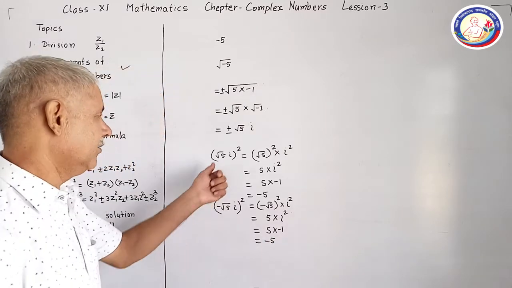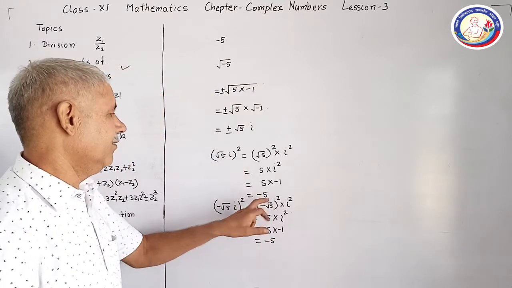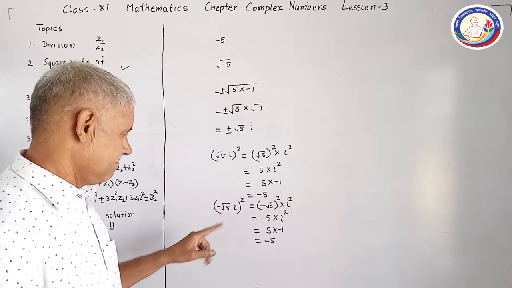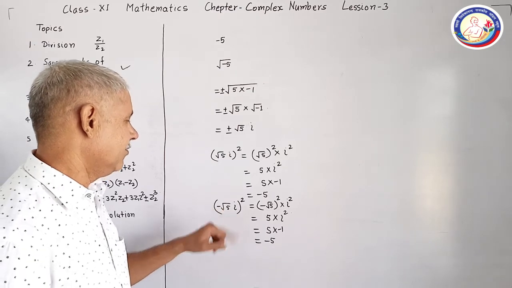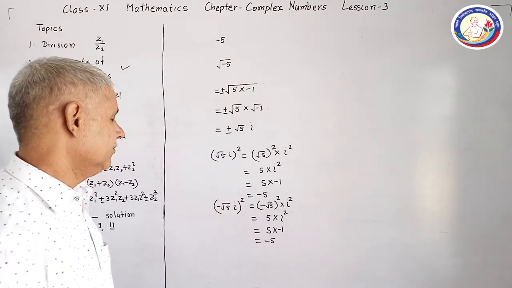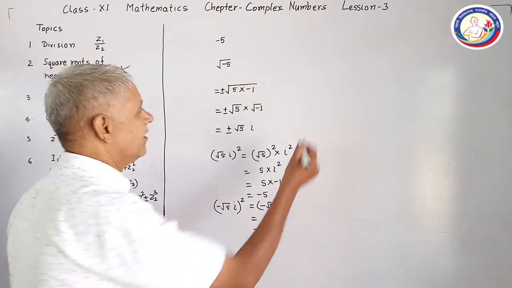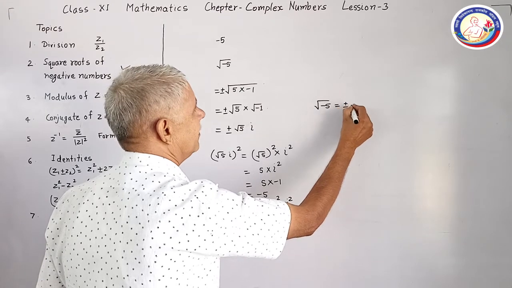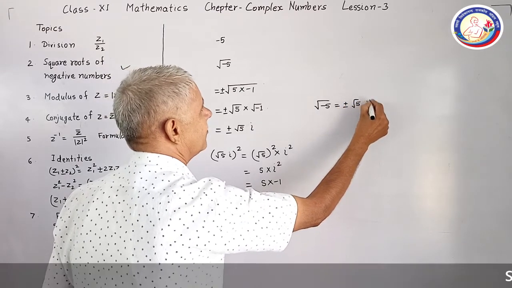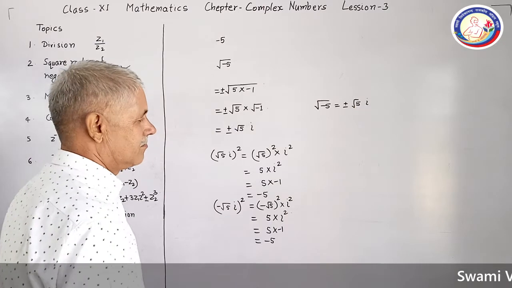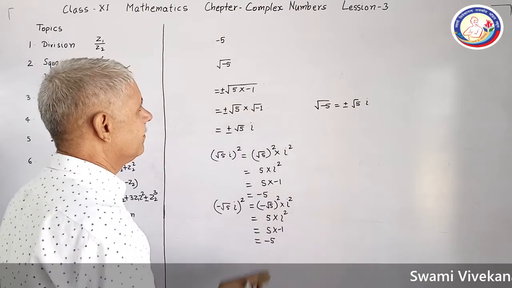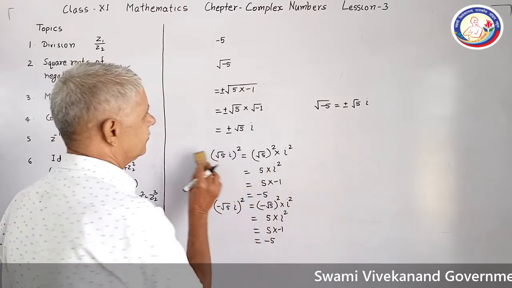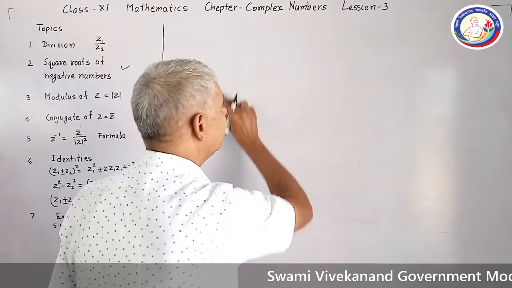So on squaring root 5 iota we get minus 5, and also on squaring minus root 5 iota we get minus 5. So the square roots of minus 5 are plus minus root 5 iota. We can similarly find square roots of any negative number.